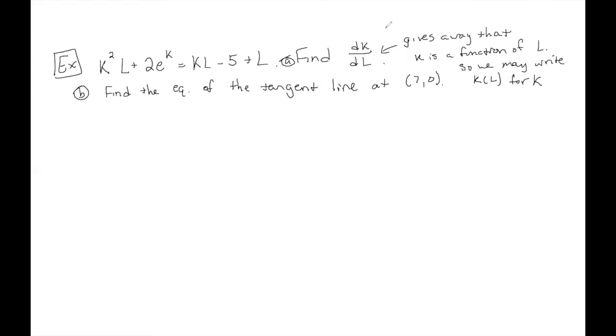This is sort of the y in the example that we looked at before, and L would be the x. I only say that because we're going to be using the chain rule method as well as the partial derivative method, just to show both for the sake of illustrating.